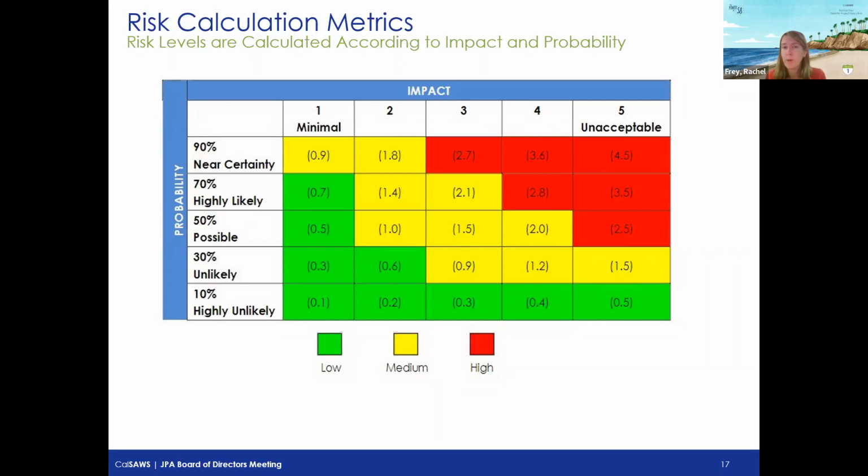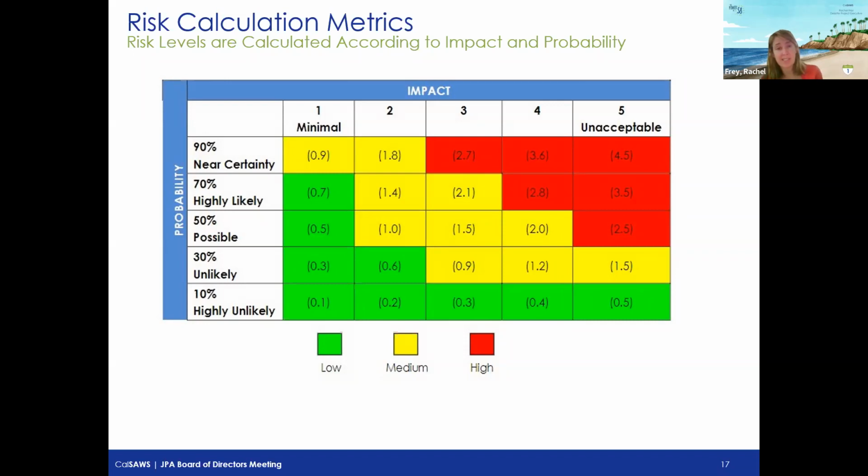Truthfully, it is a mathematical formula that takes the probability of something occurring times the impact of that particular event. Based off of those two pieces of information, it results in a value, and that value is what we use to determine whether something is high, medium, or low.